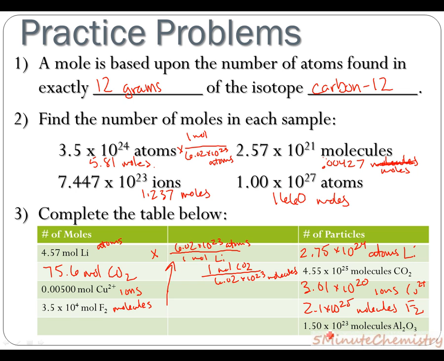Lastly, we have 1.5 times 10 to the 23rd molecules. So this time around, we're going to be having molecules on the bottom so they can cancel. So we're dividing by Avogadro's number now.